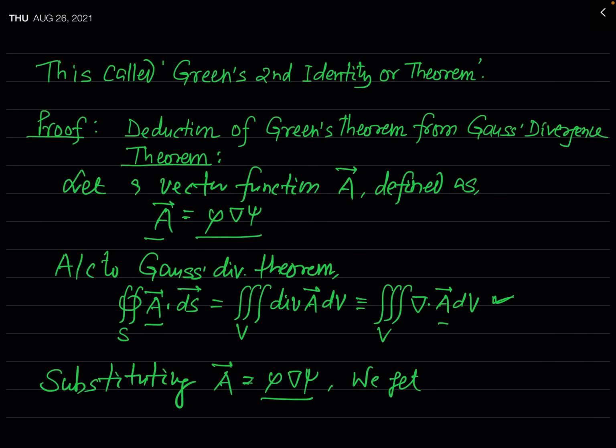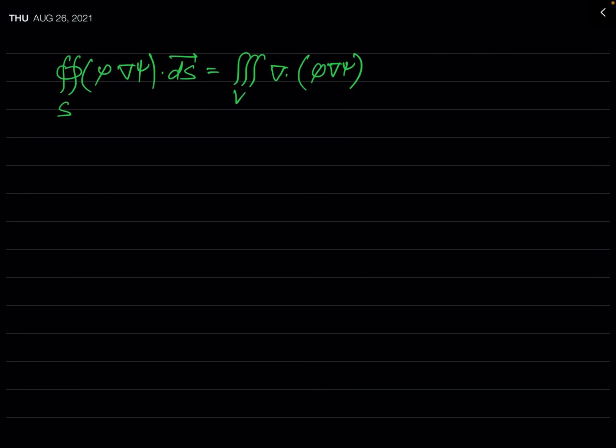You can see here there is A dot ds integral over the closed surface S, but instead of A, now we will write phi del psi. So this will be phi del psi dot ds, and that will be equal to the integral over the volume V of del dot A, but we have assumed A is phi del psi, dV.